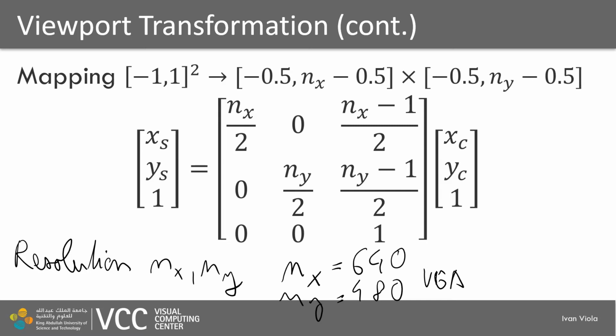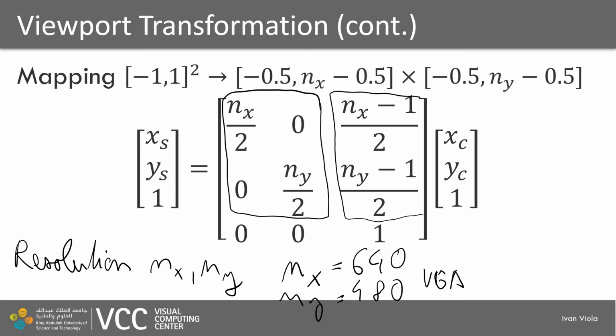So, for example, the point -1 will be scaled, and the x-coordinate will be scaled to minus 320. That's first the scaling. You see, this is the scaling matrix, and this is the translation matrix.